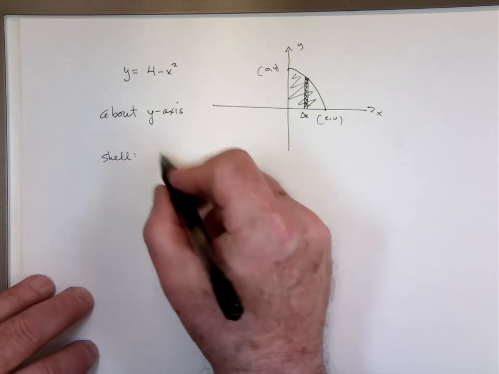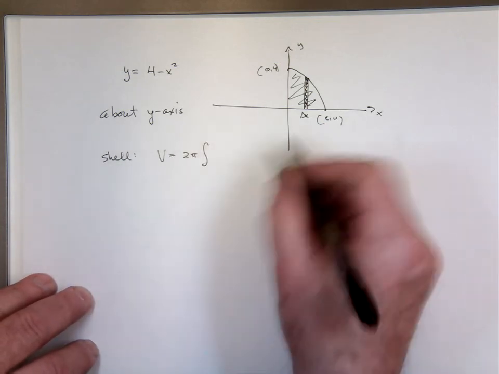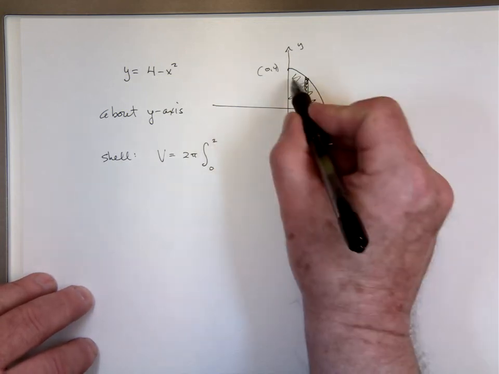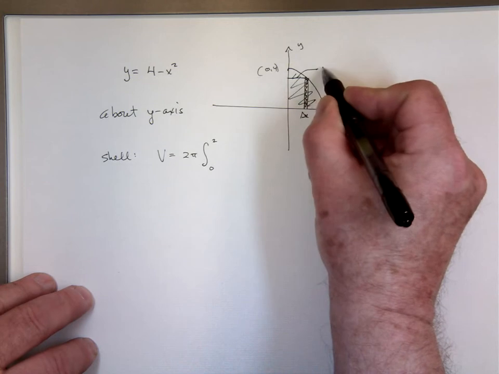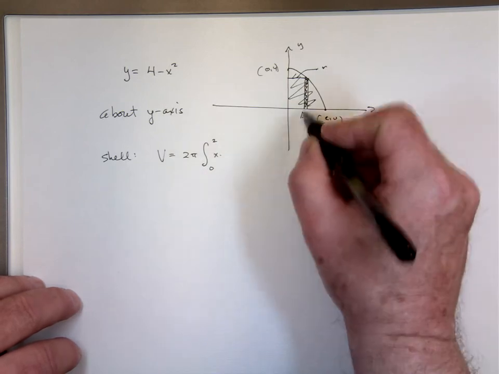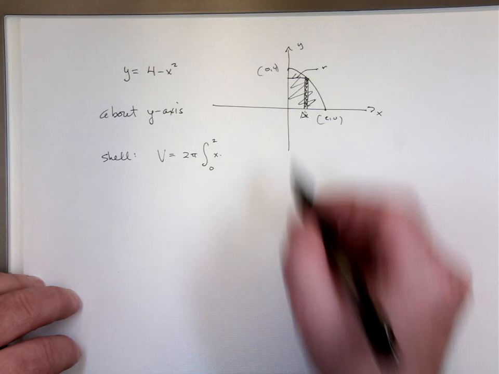This distance is r. What's that distance from the y-axis equal to? X. H is this height. What's that height equal to? Thank you very much. And that integral will give me the exact volume of that solid of revolution.